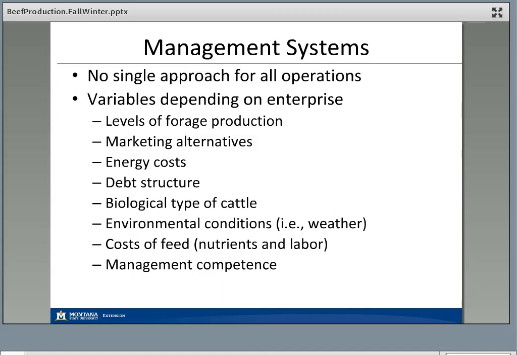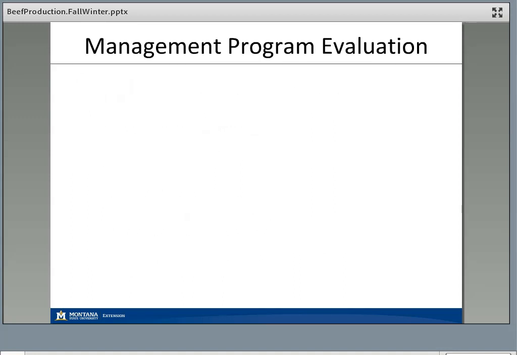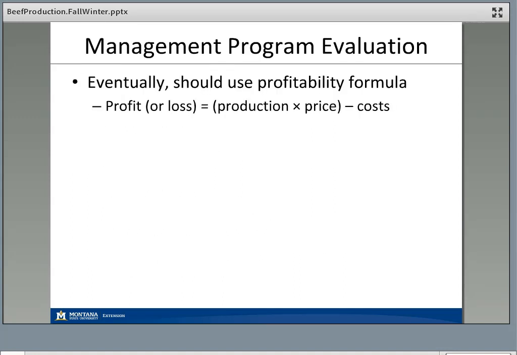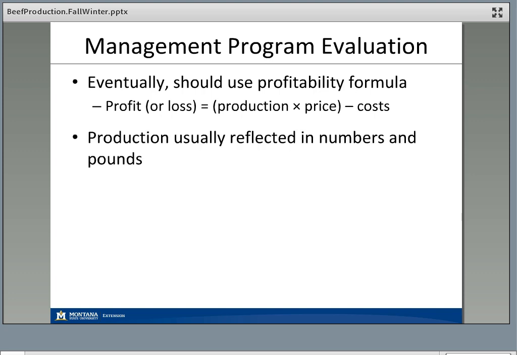And so we can have high sustained profitability, so profitability that continues to be at a good high level over time, if we figure out what is the optimum combination of production, price, and costs for our operation. In the short term, though, we need to balance profitability with our need to conserve or improve resources as we move forward.